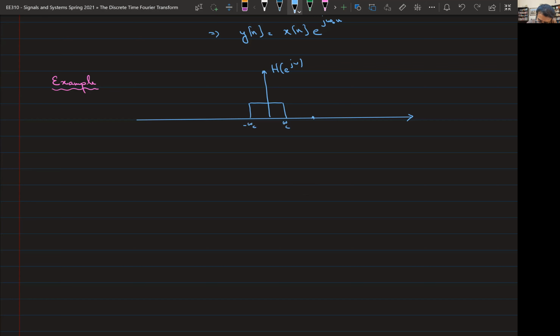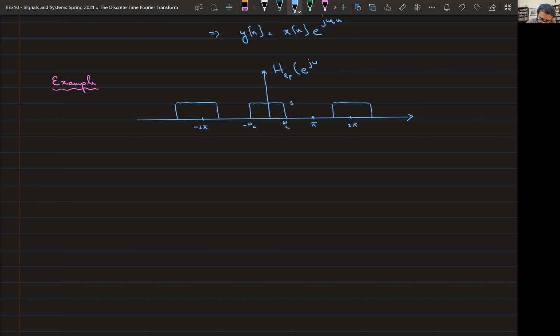This is pi and this is 2 pi, and at 2 pi you have a periodic copy, and at minus 2 pi you have a periodic copy here as well. The height of the Fourier transform is 1. I say this function is a low pass signal, so I use LP in the subscript.